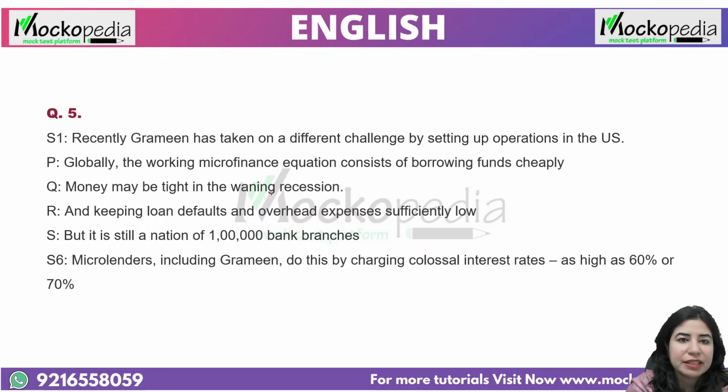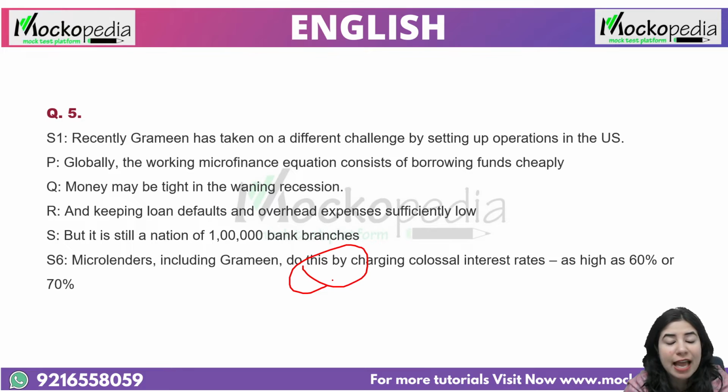Money may be tight in the waning recession, and keeping loan defaults and overall expenses sufficiently low. But it is still a nation of 1 lakh bank branches. Micro lenders, including Grameen, do this by, so you can take a clue, do this by charging colossal interest rates as high as 60% and 70%.